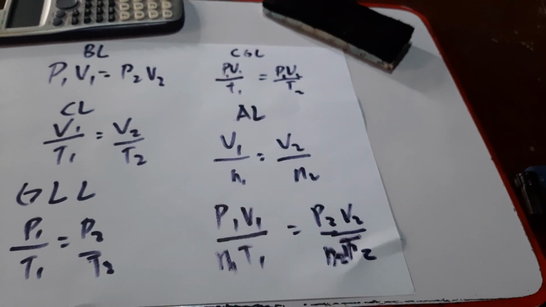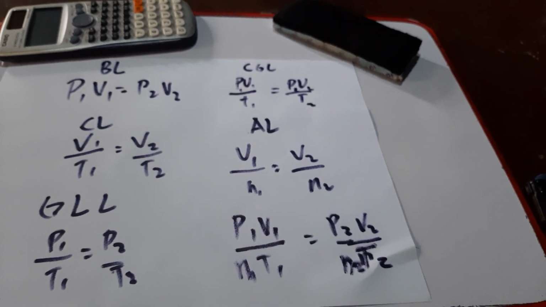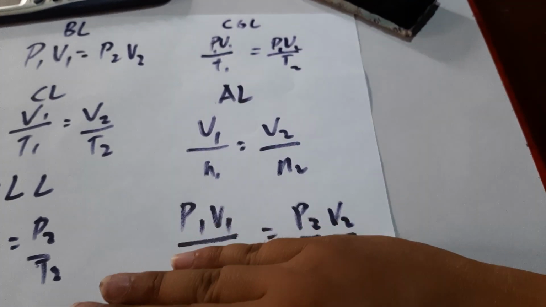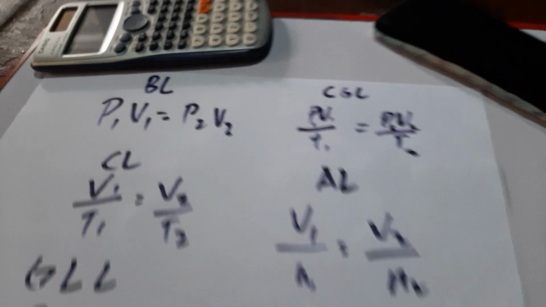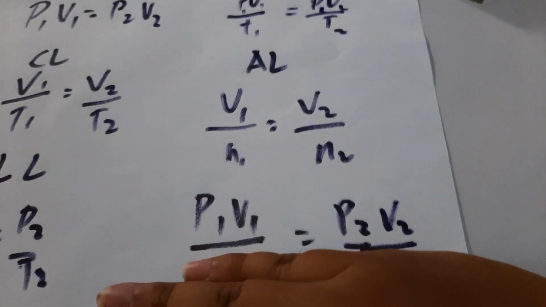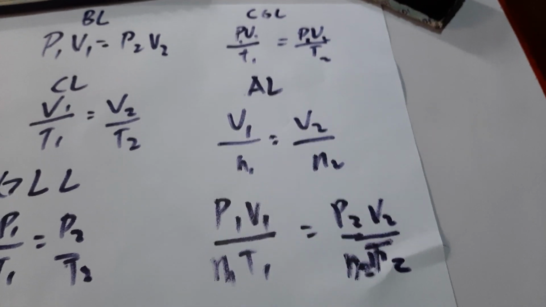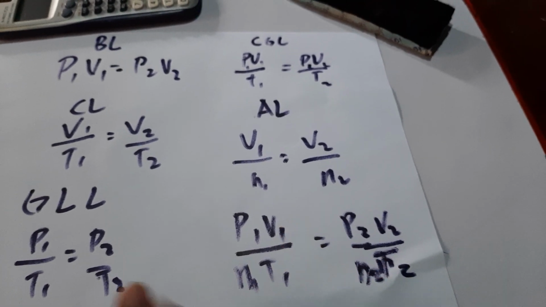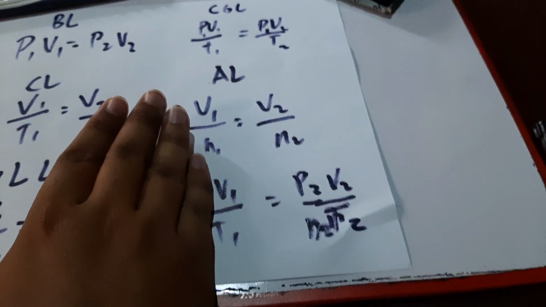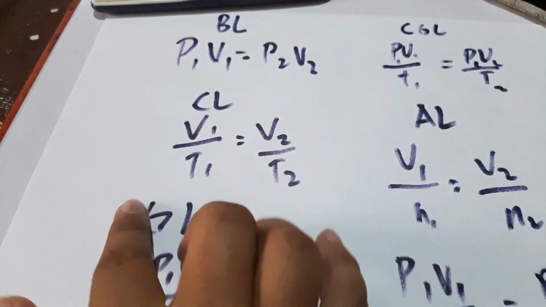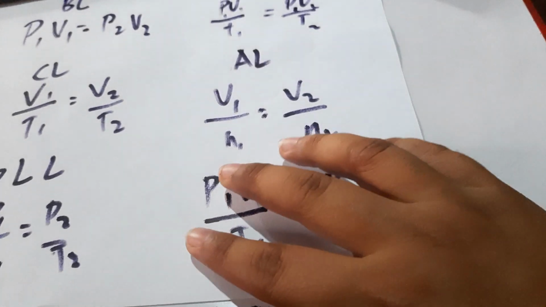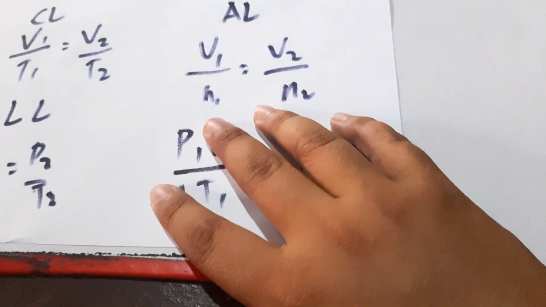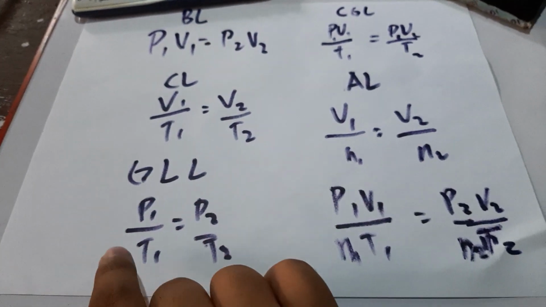So does it violate any of the laws? Let's check. If I cover the denominator, that is my, very good, Boyle's law. If I cover, say for instance, pressure and N, that is my Charles's law. If I cover these two, that is my, very good, Gay-Lussac's law.